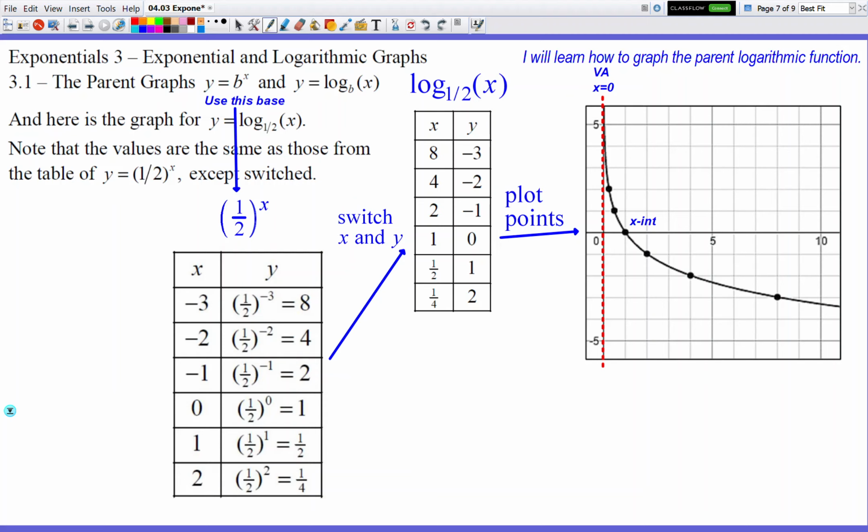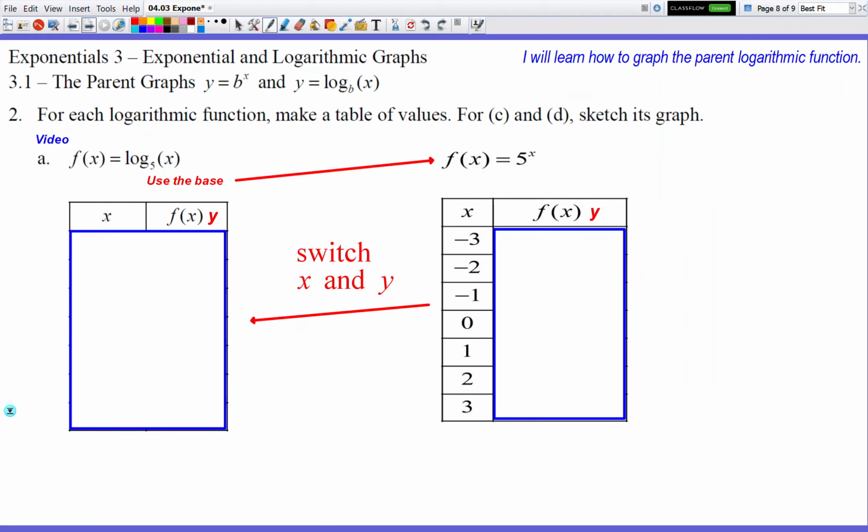The last graph was going down as you went to the left. This one is going up as you go from right to left. So it's a little bit different characteristics, and it all basically is because the base value is between 0 and 1. Okay, all right, so let's start to get to some live problems.